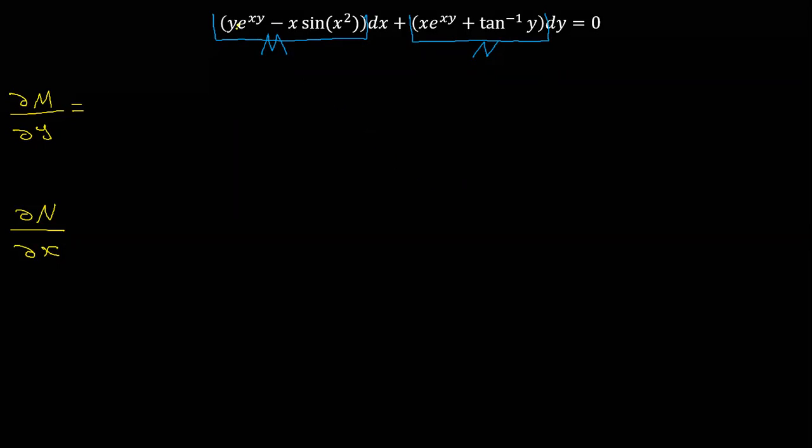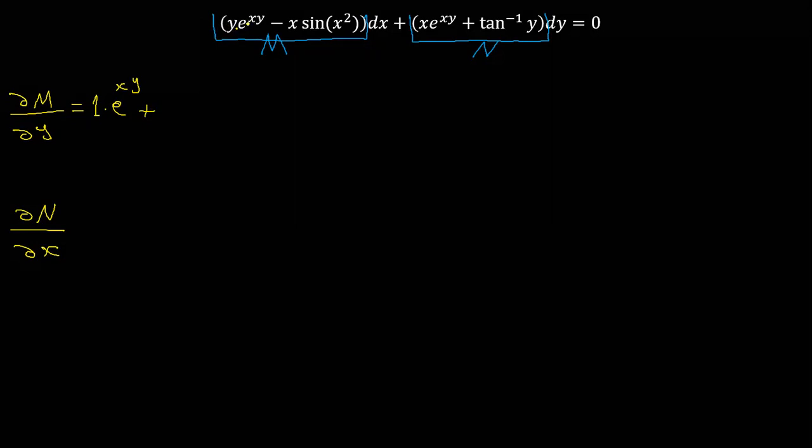Now I have a product between two functions. The rule for differentiating a product of two functions is as follows. The derivative of the first function, which is y, the derivative of y with respect to y is 1, times the second function, which is e to the xy. Who forgot, you have to do some revision for differentiation. Plus the first function times the derivative of the second function.